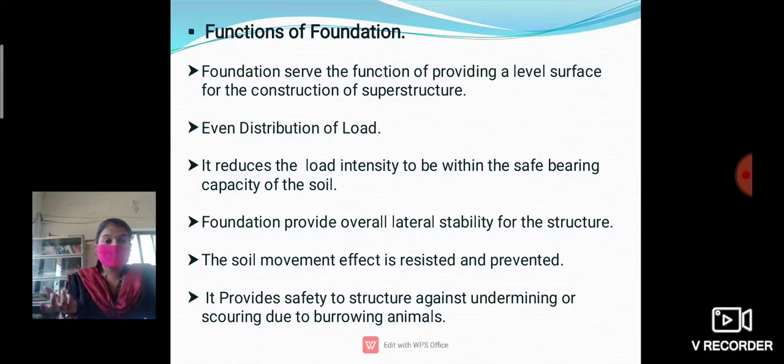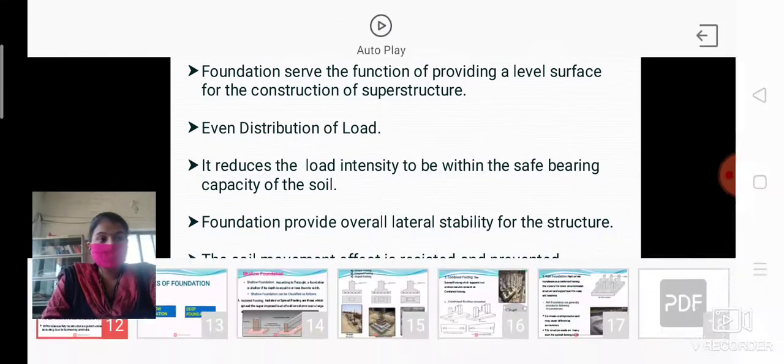It carries the overall load from the superstructure and transmits it safely to the subsoil. The main point is the safe transmission to the subsoil, and the even distribution of load is the second main point for this foundation.